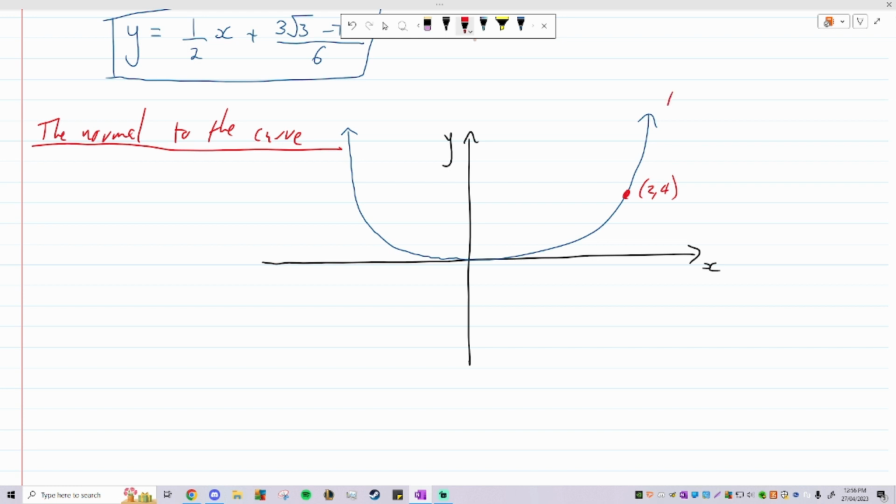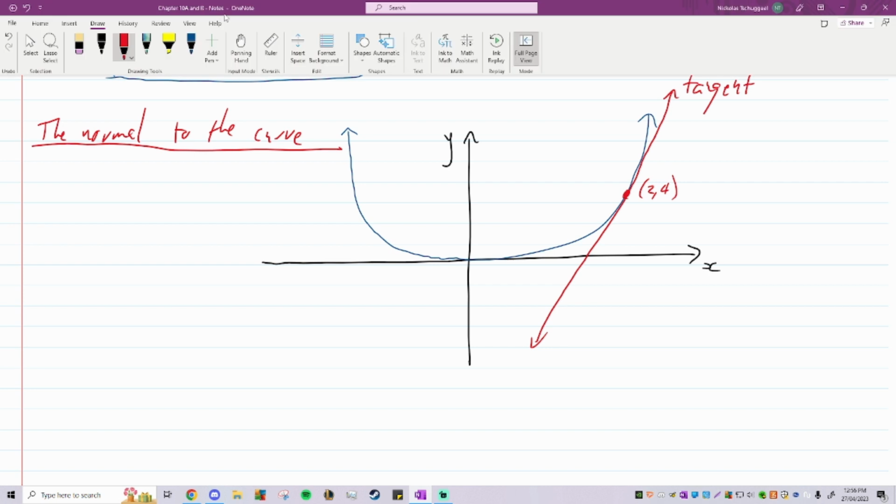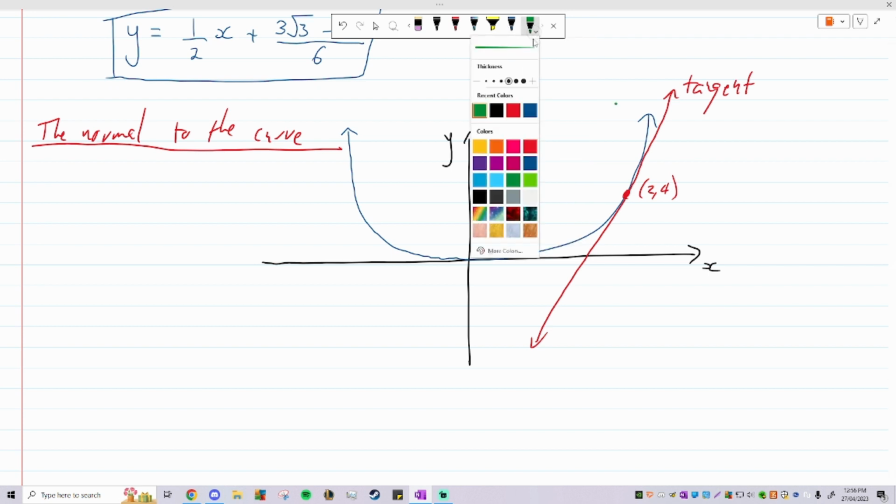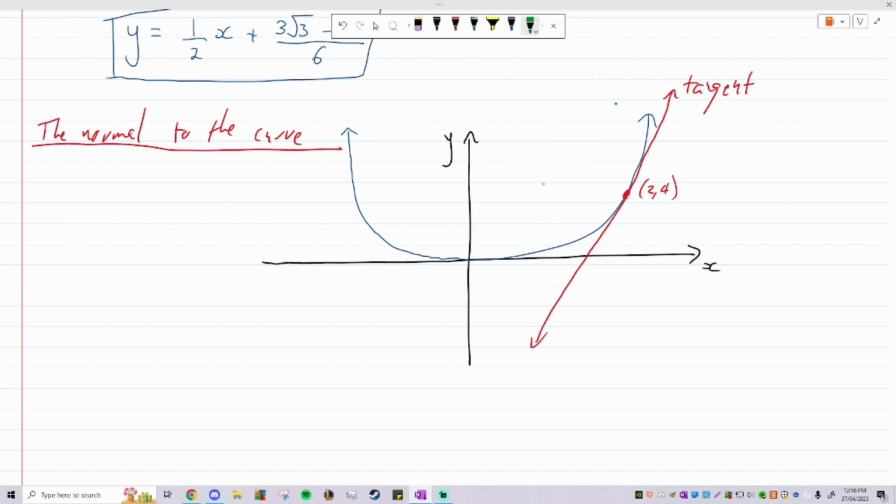Now, the tangent to the curve is this straight line here. Tangent. Now, what we're looking at here is what's called the normal. Now, this is almost physics terminology, but when we say normal, all we mean is perpendicular.